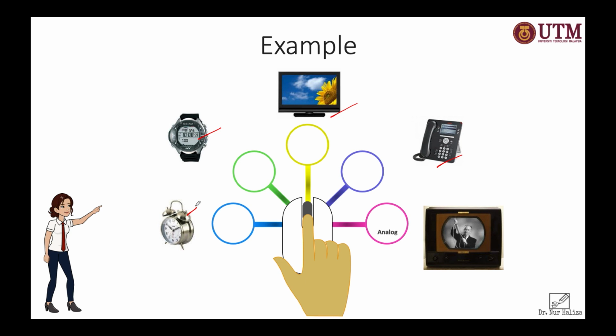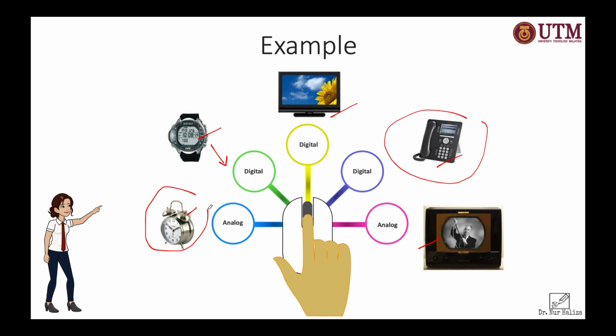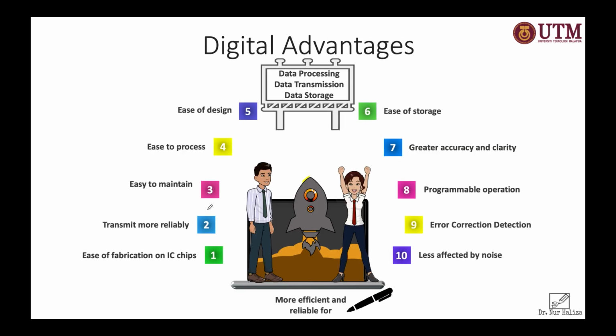So what is it? This television or display is analog, and your phone, this one is quite different because this one is digital, and then your computer is digital, this watch is also digital, and lastly this clock or watch, this clock is analog. So quite simple, isn't it?